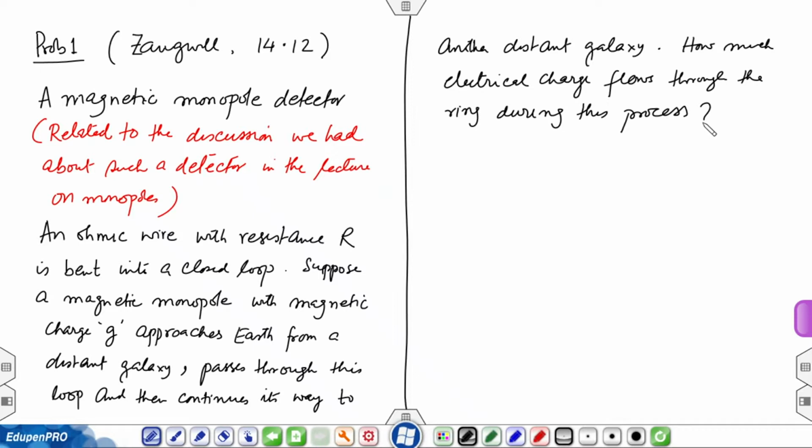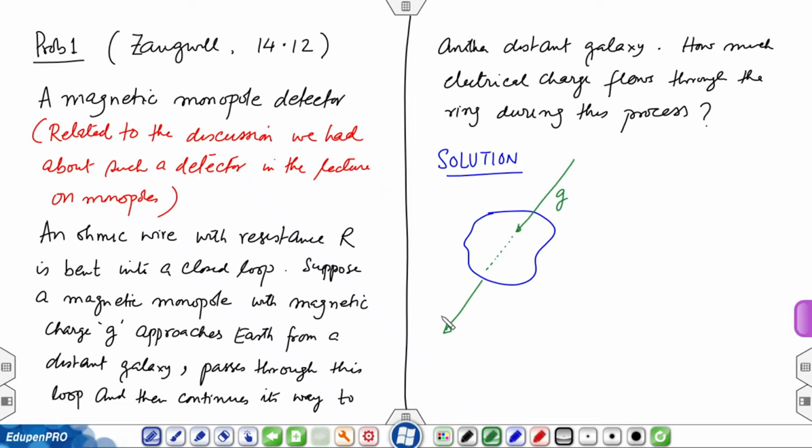So, let us see what is happening. You are given a kind of a ring and a monopole G passes through it, and what we want to know is how much charge would have flown through this in the process.